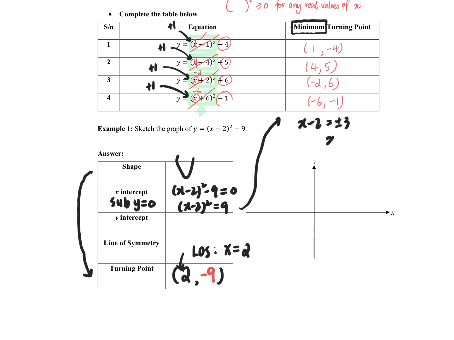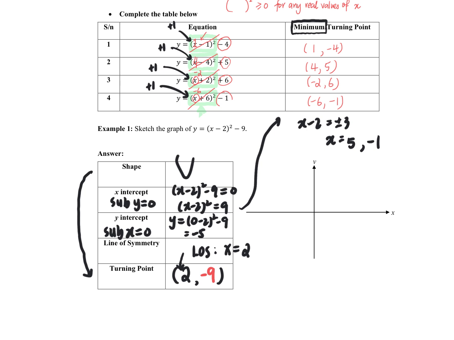So the 2 x-intercepts will be negative 3 plus 2, which is negative 1, and 3 plus 2, which is 5. So these are my 2 x-intercepts. And if you sub x as 0 for the y-intercept, you will get minus 5. So every other thing is the same, just that the sequence is a bit different.